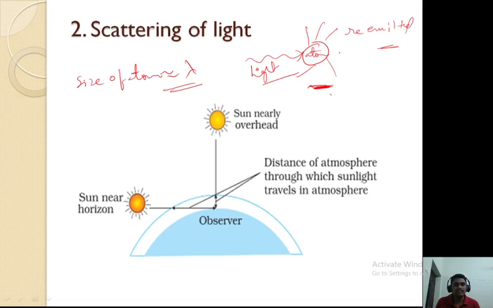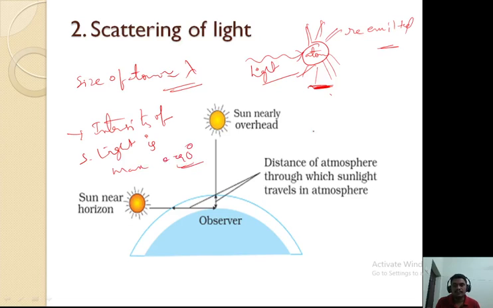During this vibration, it emits light in different directions with different intensities, and it is observed that the intensity of scattered light is maximum at 90 degrees.